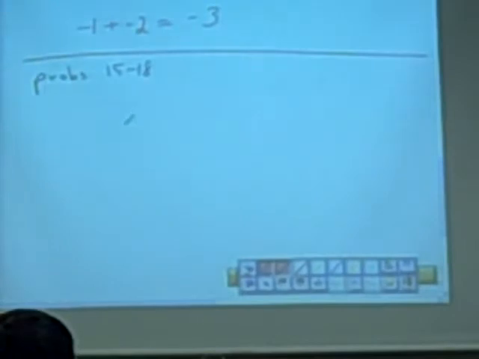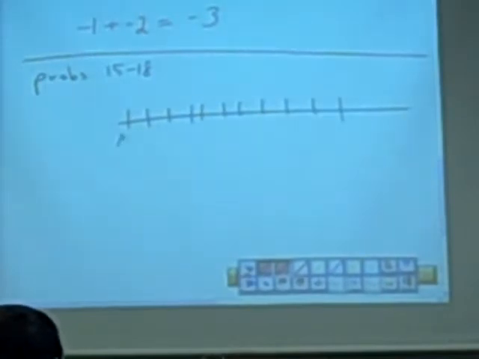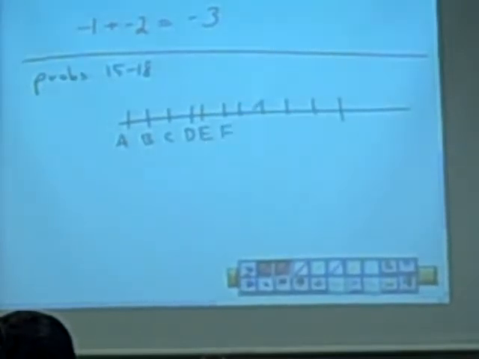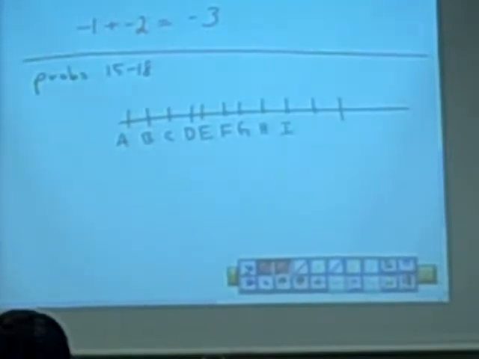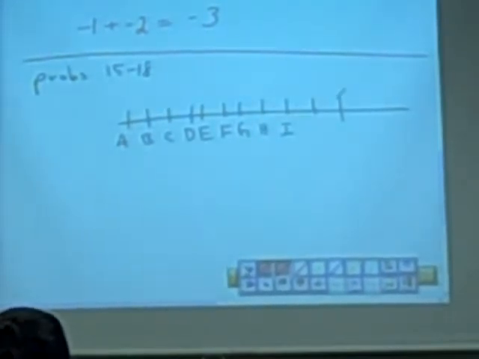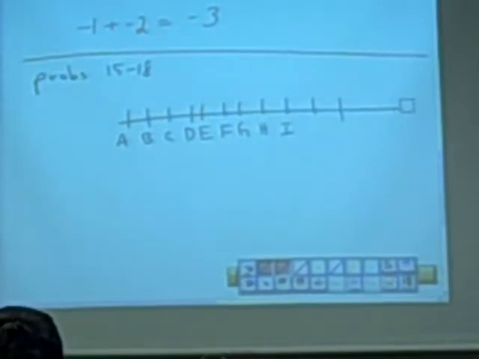And so we have this number line, and we're going to label it A, B, C, D, E, F, G, H, I. And that's all they use, so we don't need the rest of these.